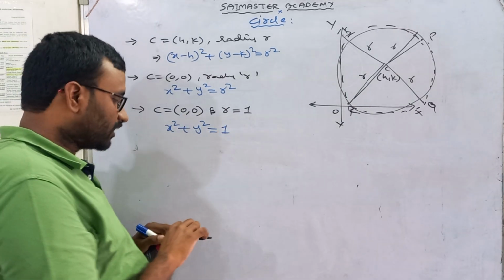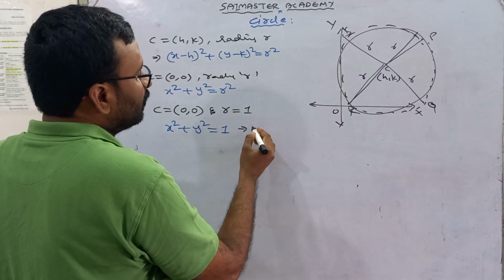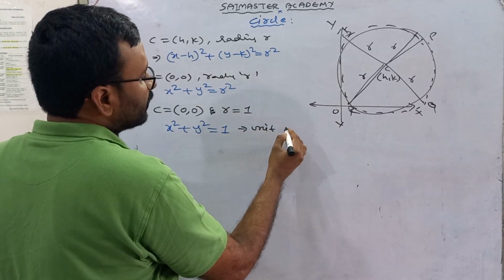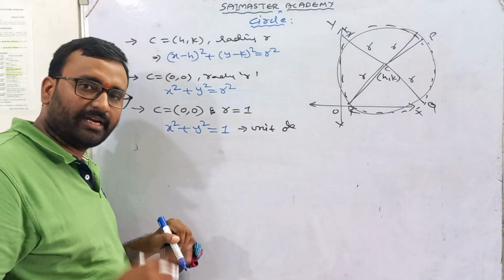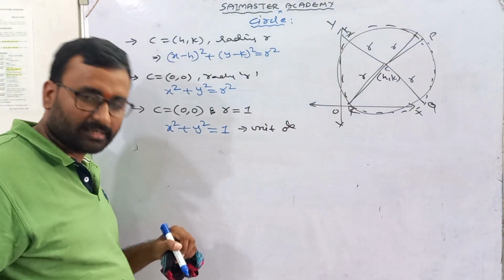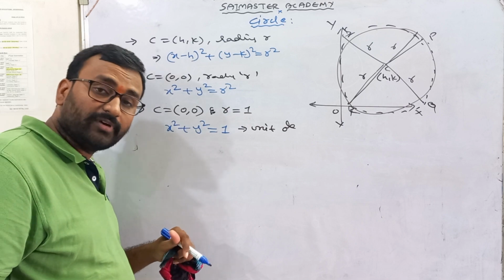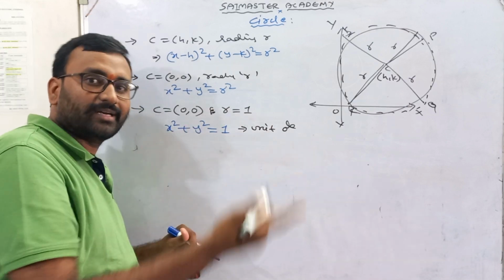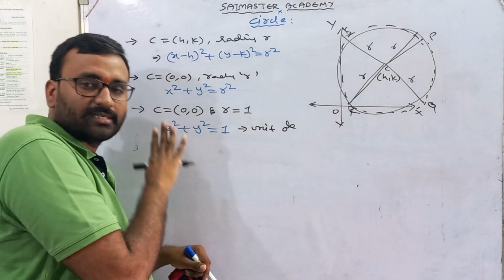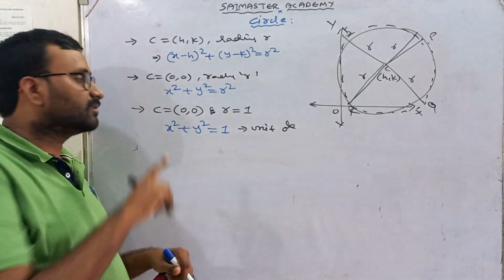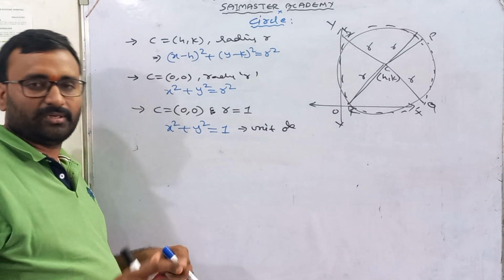This has a special name, the unit circle. If a circle has radius 1, that is called a unit circle. If the magnitude of a vector is 1, then that is a unit vector. In the same way, if the radius is 1, then the circle is called a unit circle. The center may be (0, 0) or maybe (h, k).